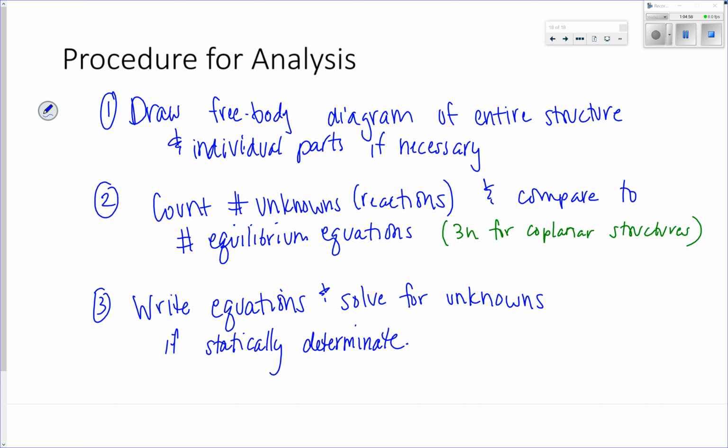If it's not statically determinate, then we have to do some more advanced methods, which we will get to at the end of the class.